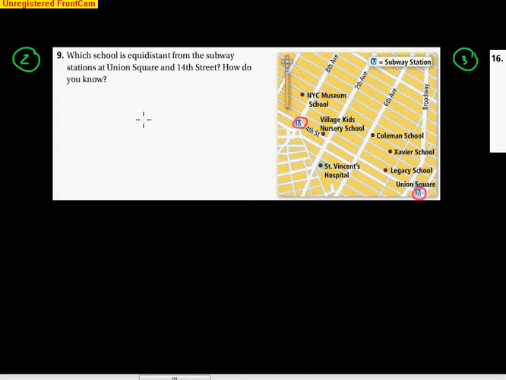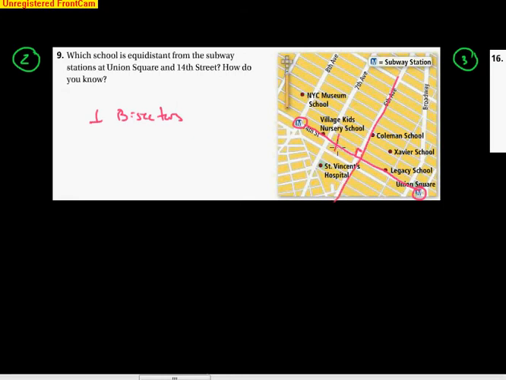Well, these are points. This is a perpendicular bisectors problem. A point on a perpendicular bisector is equidistant from the endpoints. Connect these 2 points. And now, can you visualize the perpendicular bisector running through those 2 points? Well, I can. It's 6th Avenue.